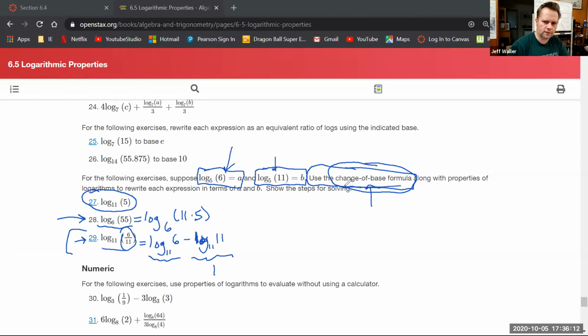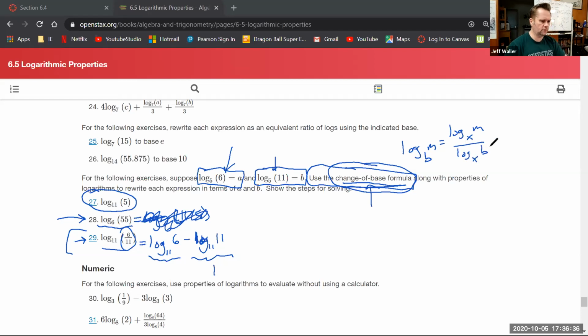If the point of these problems is to use the change of base formula, which I don't know if you guys remember, should I use B for the base? This will be log base anything of M over log base anything of B.